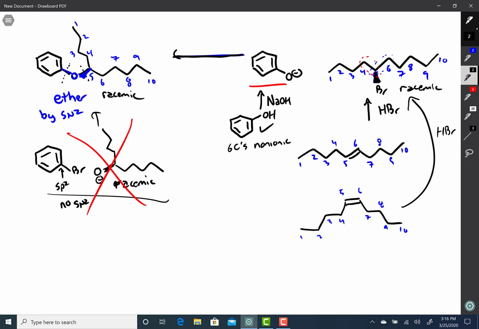If you choose the trans alkene, you would make that with lithium and ammonia. If you were to choose the cis alkene, you'd make that with H2 and Lindlar's.